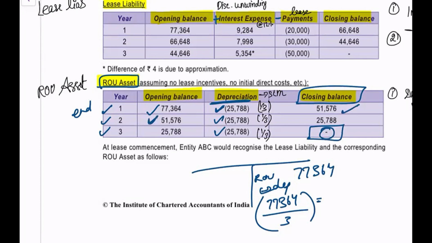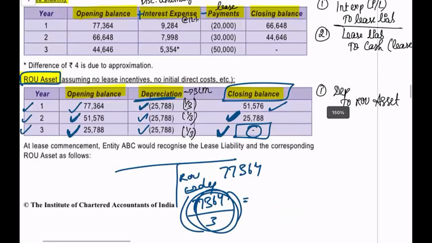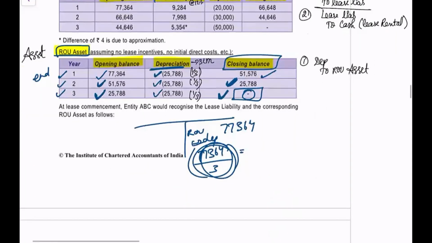And if you depreciate that, you will come to the closing balance of year 2. The same will be your opening balance of year 3. And if that again you depreciate, you will come to your closing balance of year 3, which is going to be definitely 0, because you have depreciated the entire amount. So this is how you are going to depreciate it. So every year, what entry are you going to pass? You're going to pass depreciation, that is P&L account debit, to ROU asset.